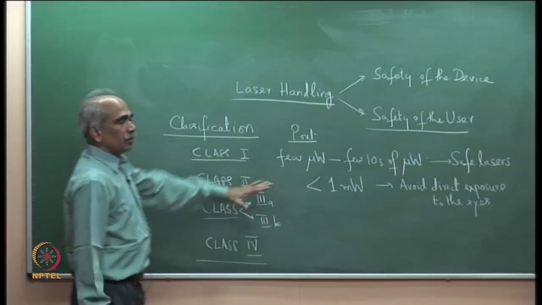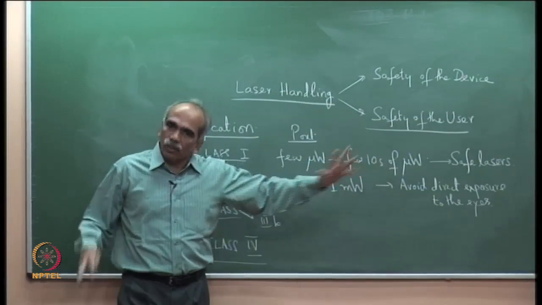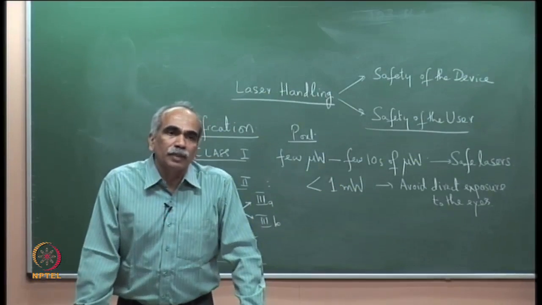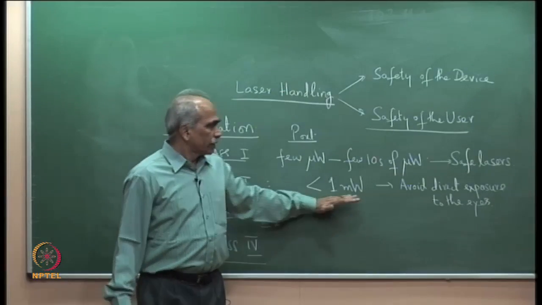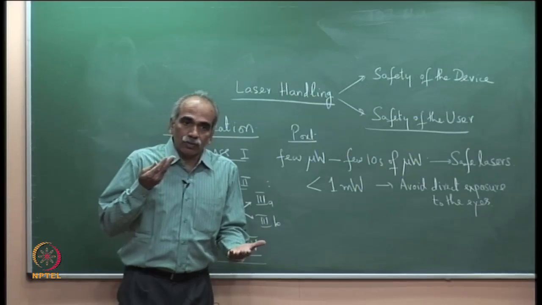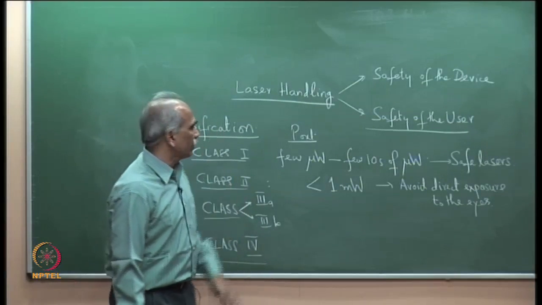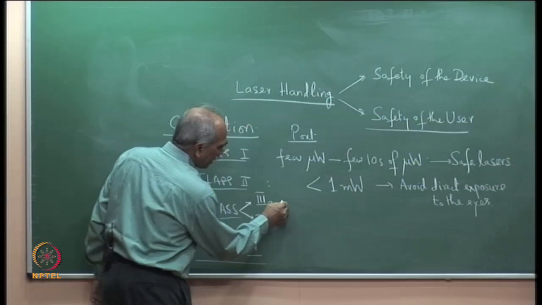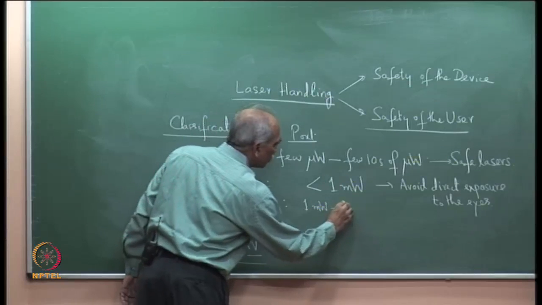So, avoid, otherwise with reasonable precautions you can handle these lasers without going to special safety measures, but take care to avoid direct exposure to eye or reflections from metals which are as good as high reflection entering your eye. Class 3A here stands for typically 1 milliwatt to 10 milliwatt.